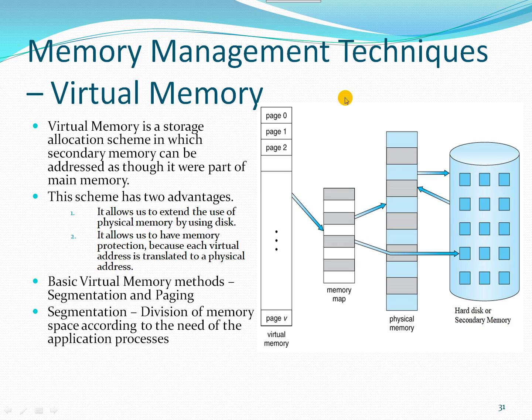The size of the hard disk is very large, and the price of the hard disk is somewhat less. But if you compare with the RAM, the physical or main memory, the RAM devices are eventually costlier.